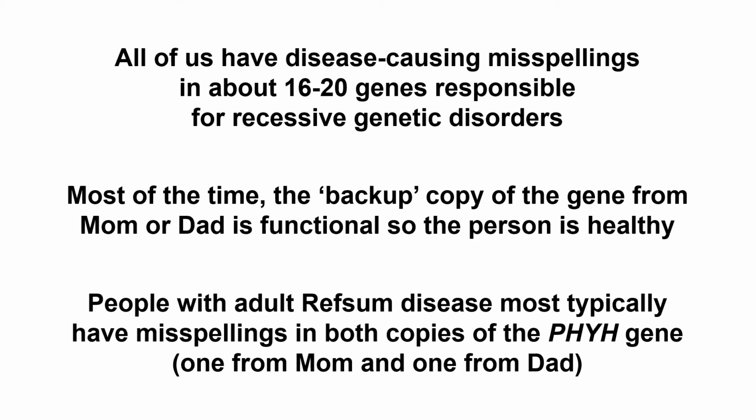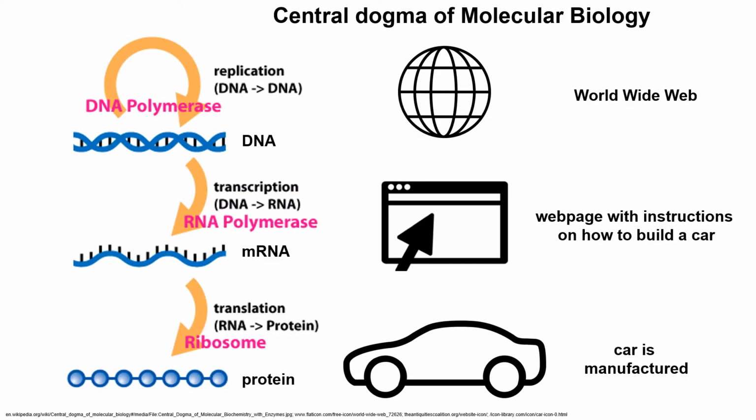So let's put the terms gene and DNA into context. There is a concept called the central dogma of molecular biology, where we think of DNA or the genome in a person's cell as being like the World Wide Web. It contains the instructions for the entirety of the body plan of the human body, going from development to the adult state. Now, DNA itself can be transcribed into a molecule called messenger RNA.